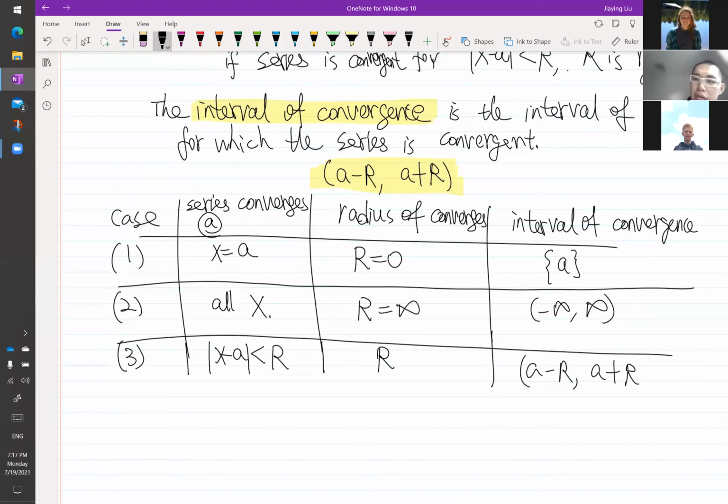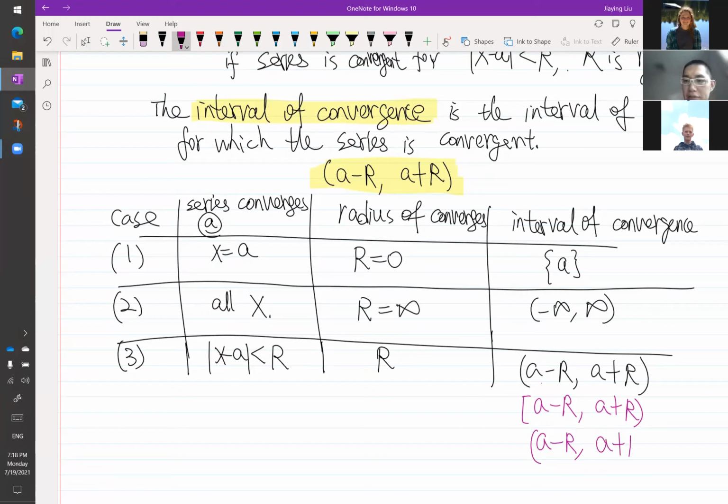Now, I want to point out that that's one case, but in this third possibility, you could also have a bracket on the left. It might include a - r but not include the other side. You could have the other way, not including the left side but including the right side.